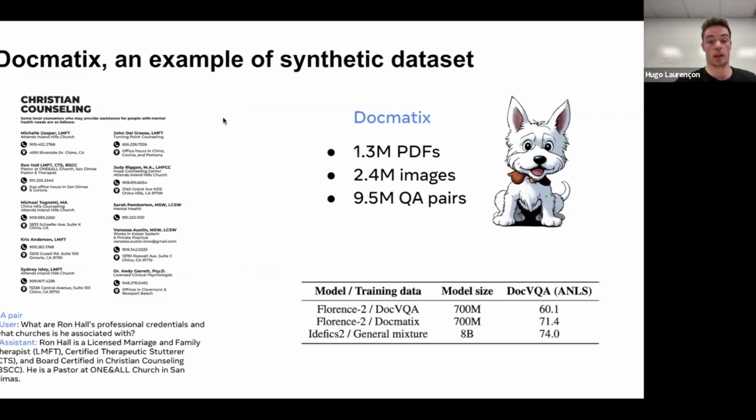There wasn't any large-scale document understanding dataset at that time. So we took the dataset PDFA, and we used a text-only LLM to produce questions and answers given a certain document. In the end, we had a lot of QA pairs for each image representing a document. So it was very powerful. For example, with a model trained on Docmatix, you could almost match the performance of Idefics2, but with a model that is only 700 million parameters.